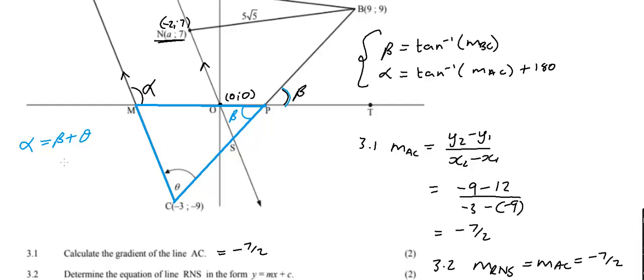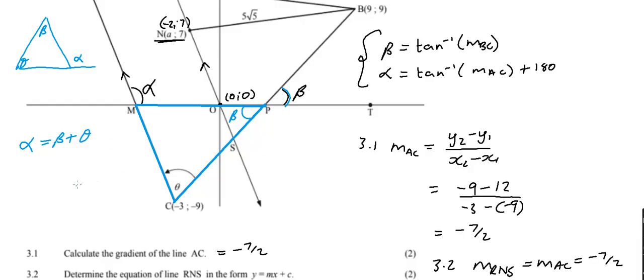That is the exterior angle of any triangle. In any triangle, if we have an exterior angle, let me call it alpha, and the other ones are theta and beta, this exterior angle is equal to the sum of these ones, not this one here.